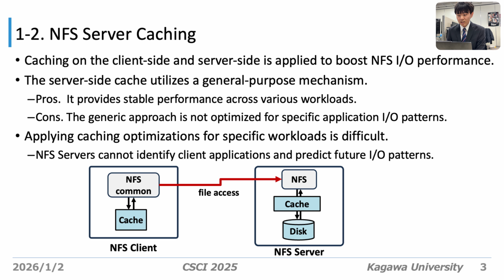This reduces I/O latency and improves throughput. It provides scalable performance across various workloads. On the other hand, this approach is not optimized for the specific application I/O patterns. Applying caching optimization for specific workloads is difficult because the NFS server cannot identify client applications and predict future I/O patterns.